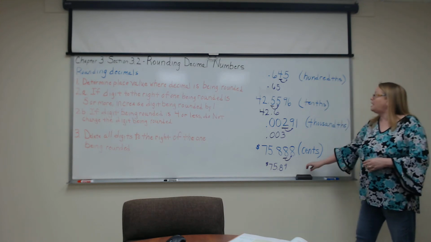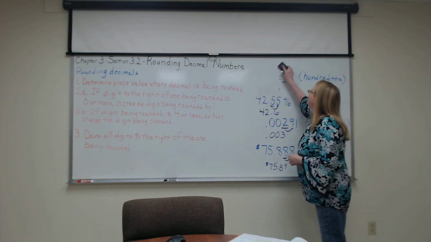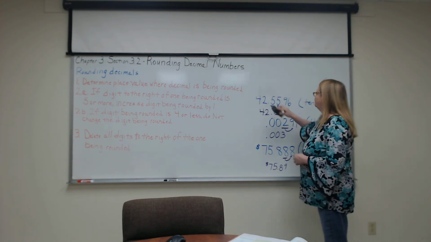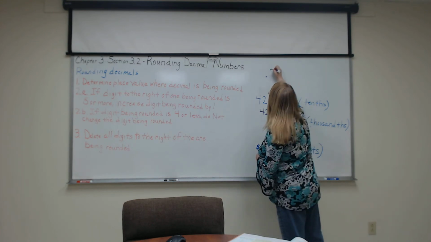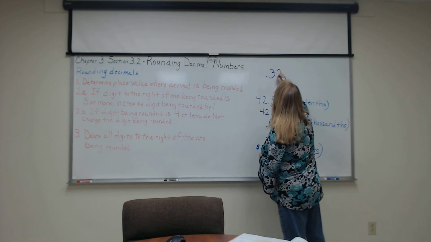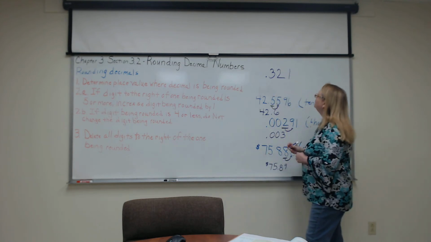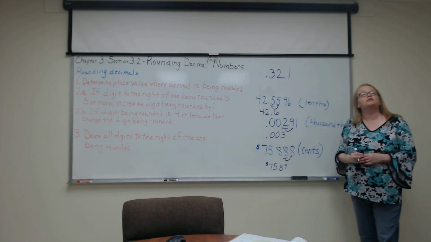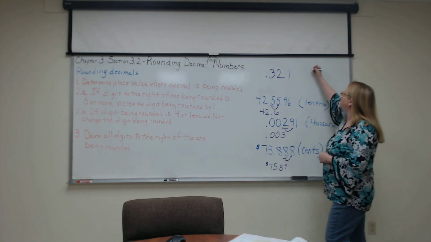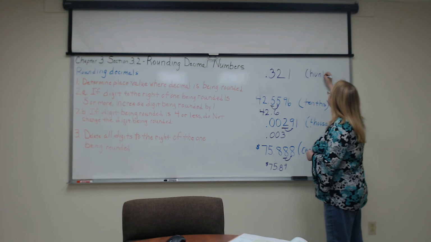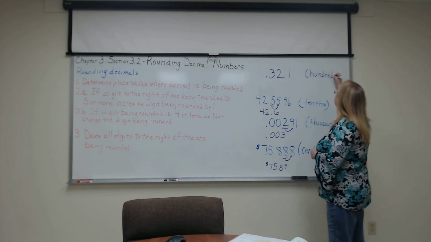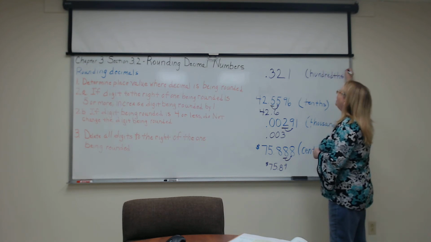Now, suppose we had one that looked like this. We had 321 thousandths, and we were going to round to the hundredths.